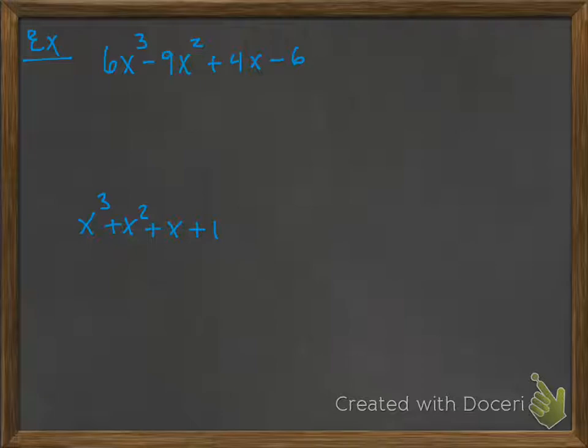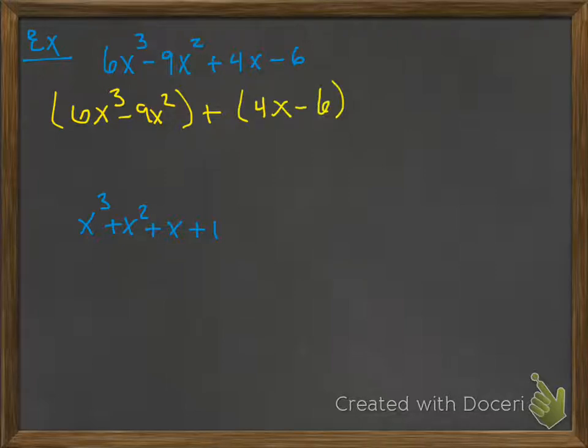So in this first one, what I'm going to look to do is see if I can group it somehow, so that they have something in common. In this case, I could group 6x cubed minus 9x squared plus 4x minus 6.